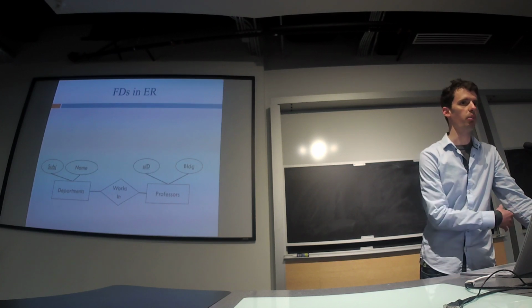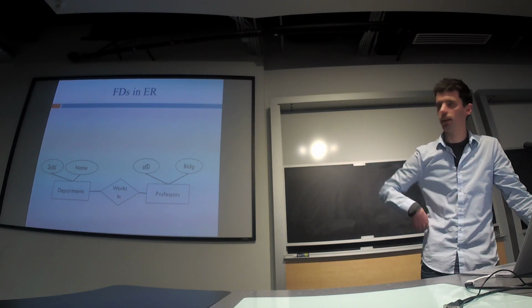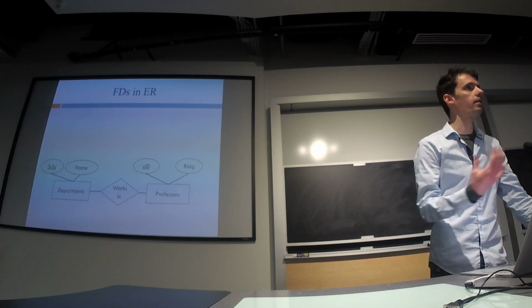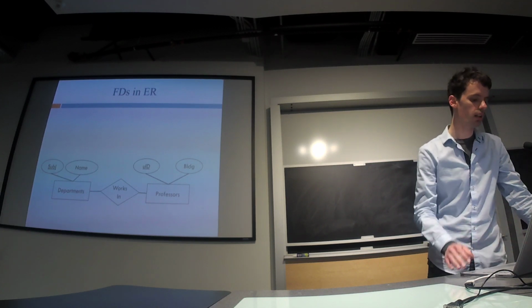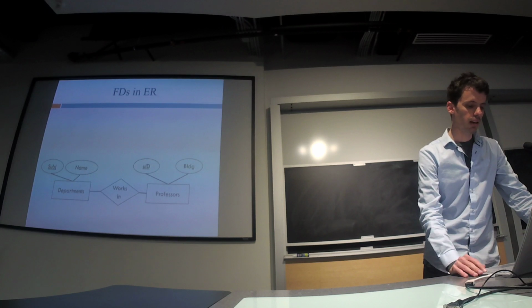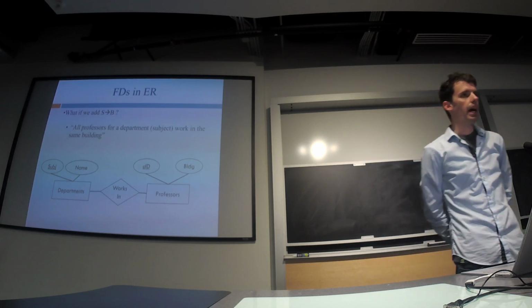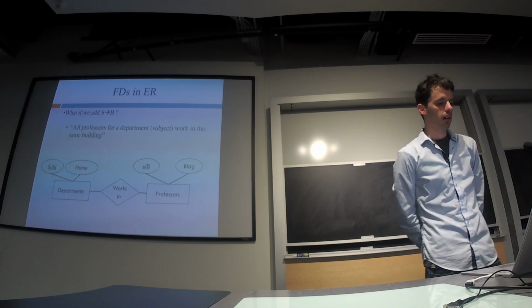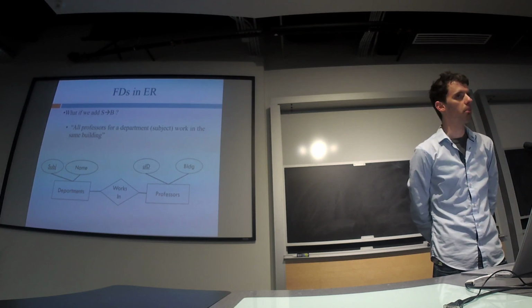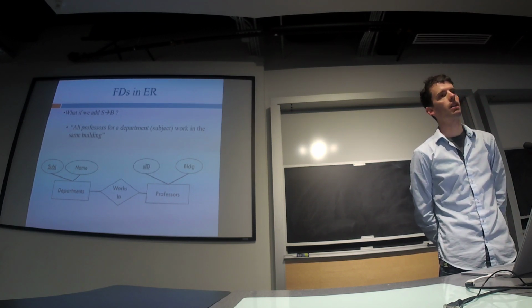A professor works in a department. So subject is the key of a department, like CS or ME or whatever. And then let's say I wanted to add a functional dependency that all professors in a certain department must work in the same building.